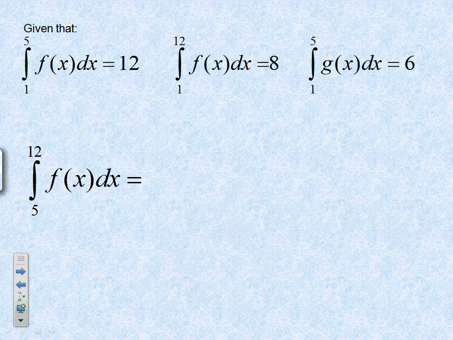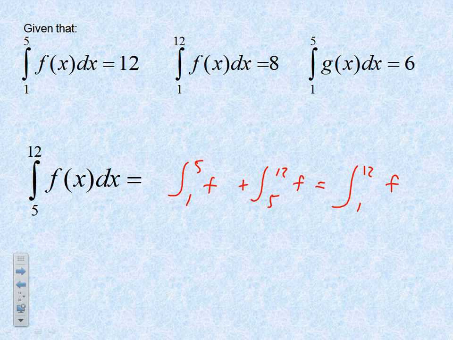Tell me the integral from 5 to 12 of f. Here's what I have. The integral from 1 to 5 of f plus the integral from 5 to 12 of f should equal the integral from 1 to 12 of f. All right, well, the integral from 1 to 5 is 12.